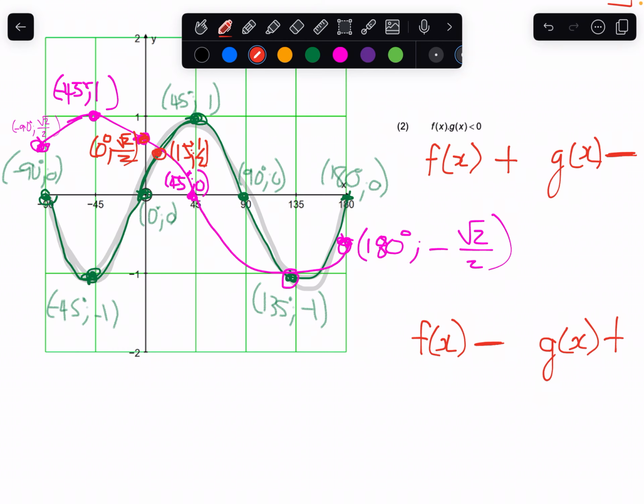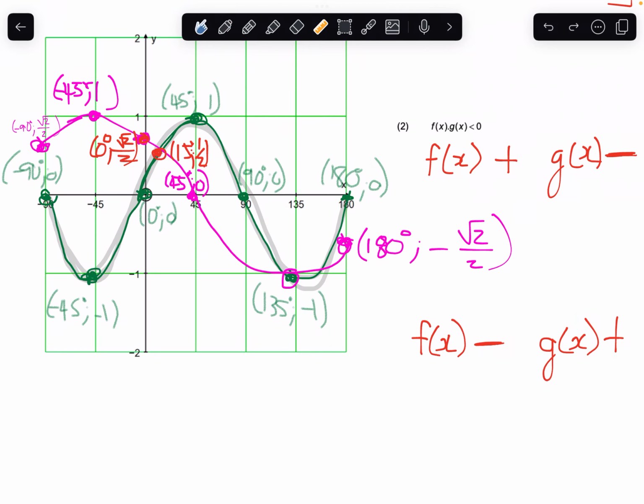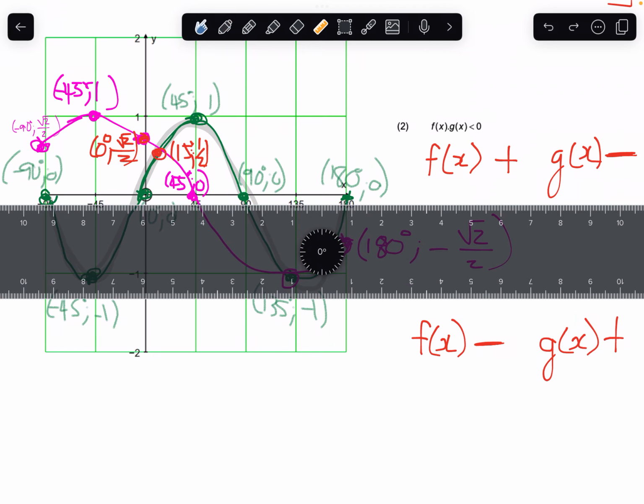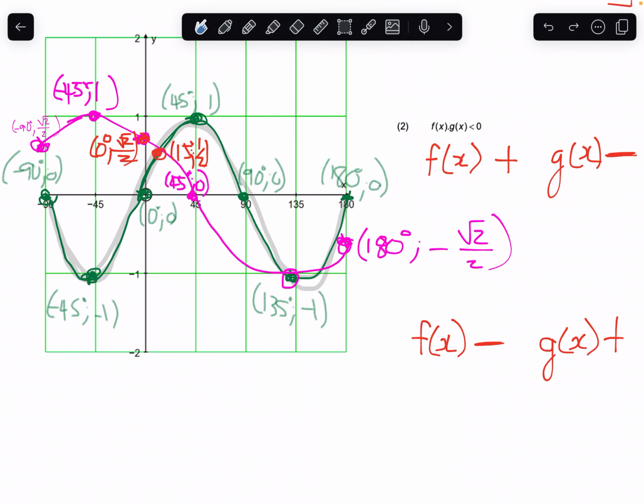So let's just begin by getting a feel for it. I thought I knew what this does, and now I'm realizing I don't. Oh, there we go.